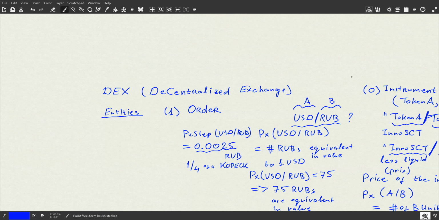As you see, for instruments, it's quite a lot to be said. For the orders, see below. For the instruments, this is all about instruments. Okay.